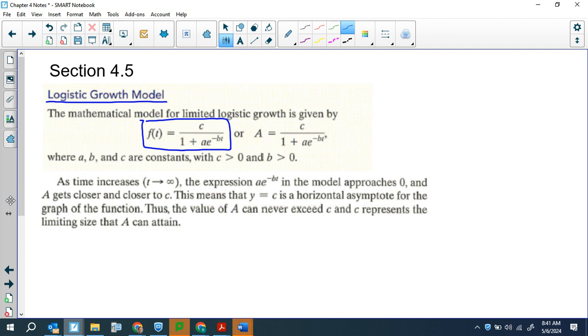So A, B, and C are going to be constants, so there will be numbers provided to you. C and B have to be greater than 0, and e is that button on our calculator.